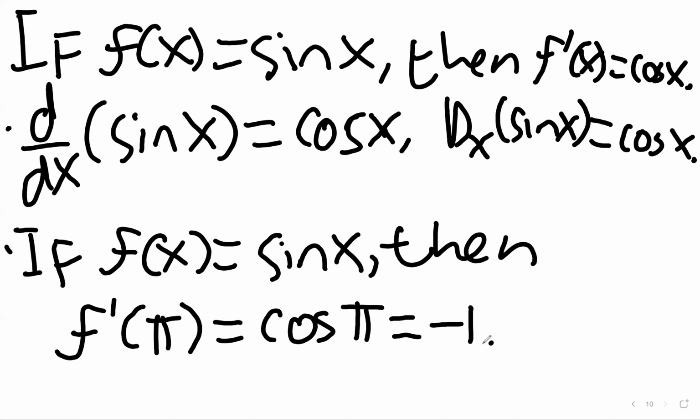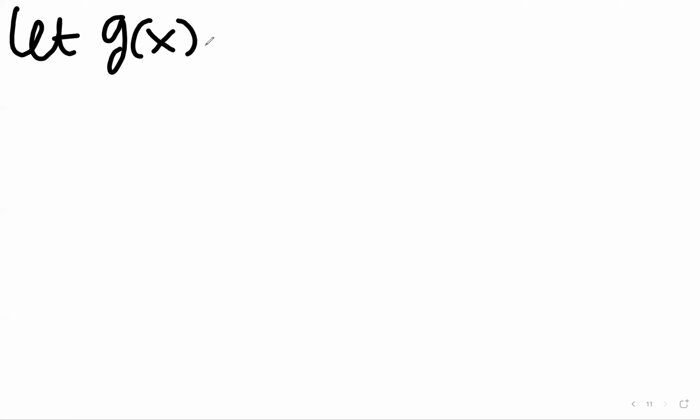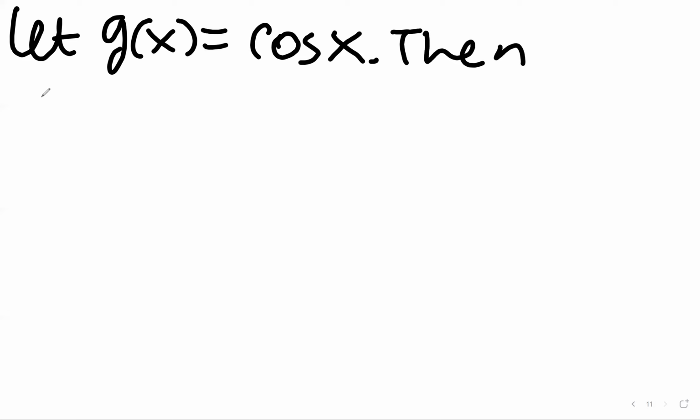So that's the calculation here. Let us now continue to the derivative of the cosine function. Let g of x equal cosine of x. Then we want to find the derivative of g. Let us calculate g prime of x.